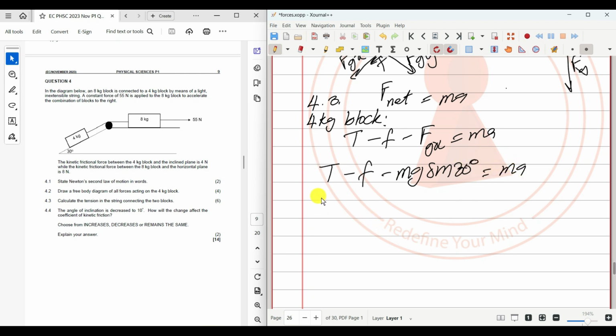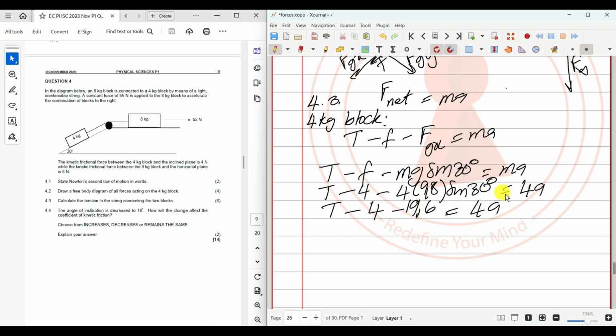Okay, so now let's substitute. Tension we do not know. Friction for the 4 kilogram block, they said is 4 newtons. The mass is 4, gravity 9.8, sine 30 equals 4a. So we have tension minus 4, this is 2 times 9.8. You guys have calculators, but this is simply 19.6 equals 4a.